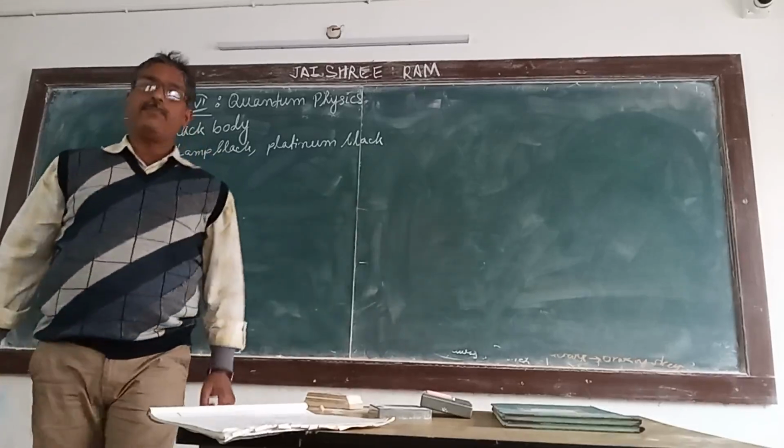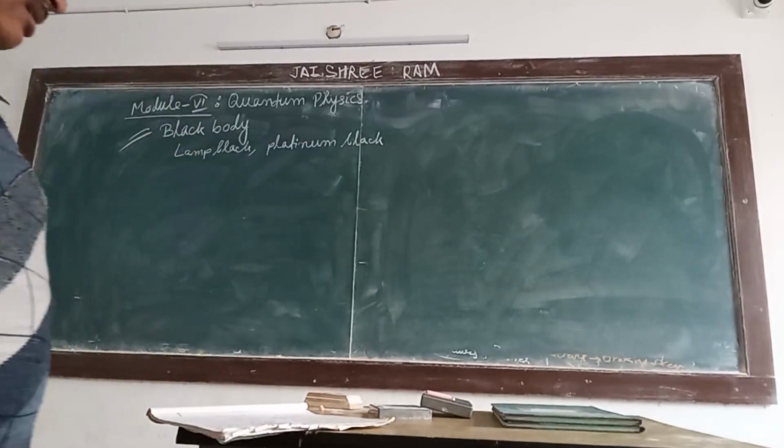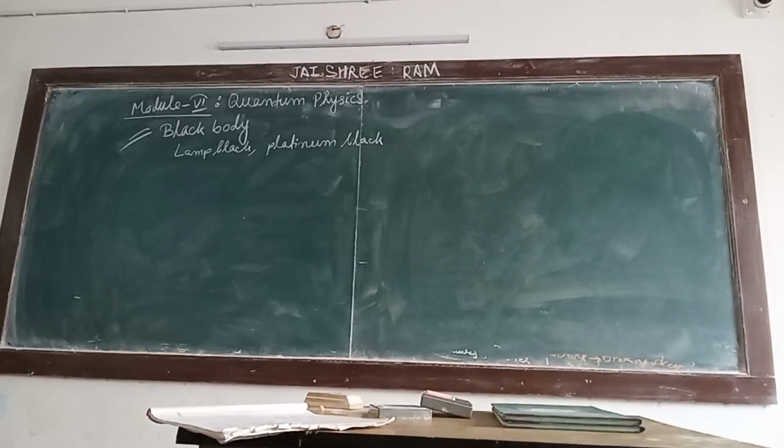Lamp black and platinum black are considered as almost perfect black bodies for practical use.